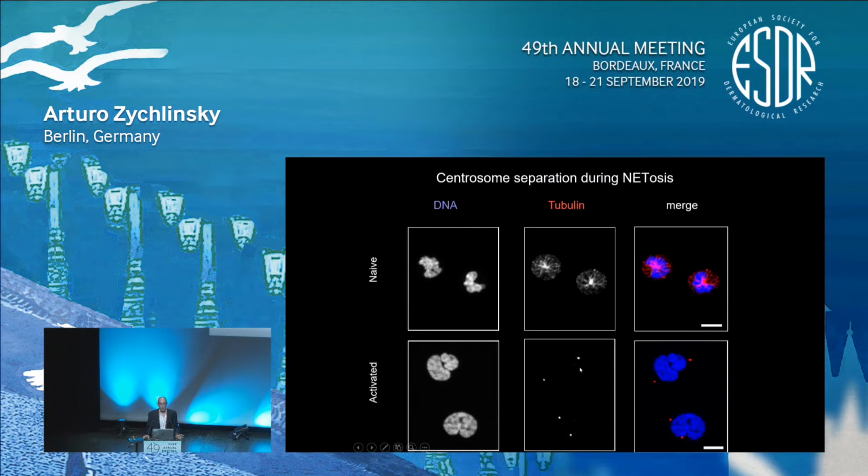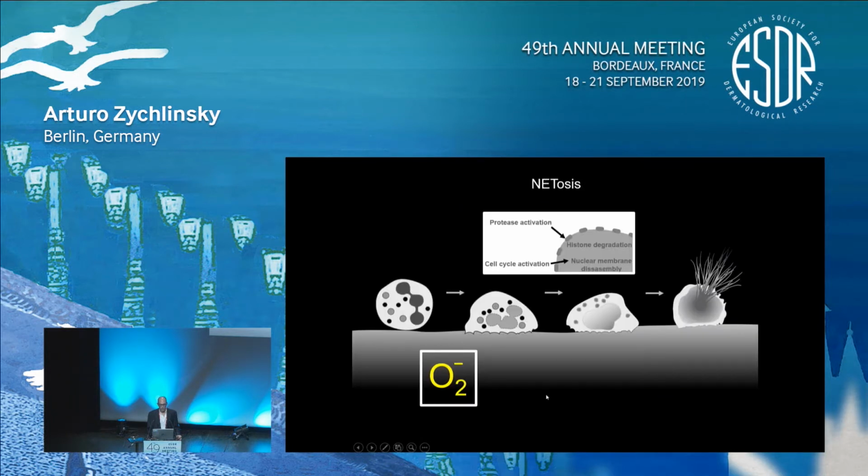We don't know why the centrosomes are required for NET formation, because, as I said, neutrophils are terminally differentiated. So we require ROS, we require the migration of proteases to the nucleus to cleave the histones, and we also require the activation of certain parts of the cell cycle, and we believe this activation of the cell cycle is what breaks the nuclear membranes and allows the expansion of the chromatin.